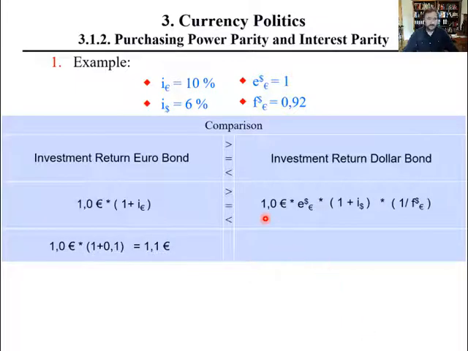Now we can fill in the numbers from our numerical example, which are again given here above, into this formula. For the spot exchange rate, we fill in $1 per euro.